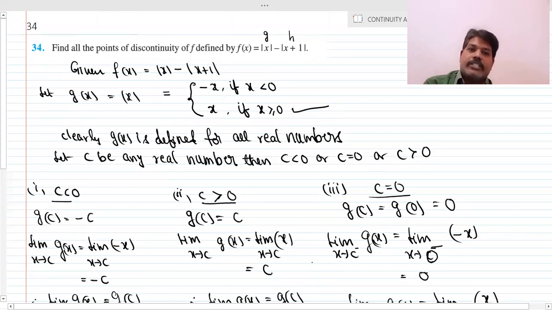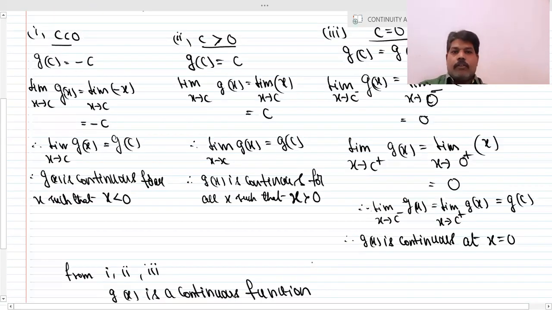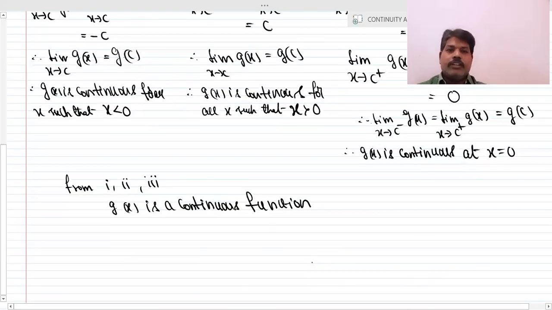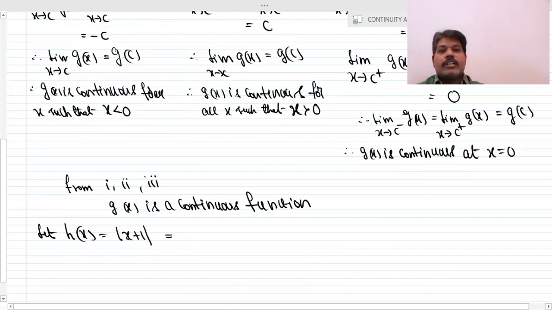What is the function? It is h. What is h of x? It is mod x plus 1. So let h of x be equal to mod x plus 1. What is the meaning of this?